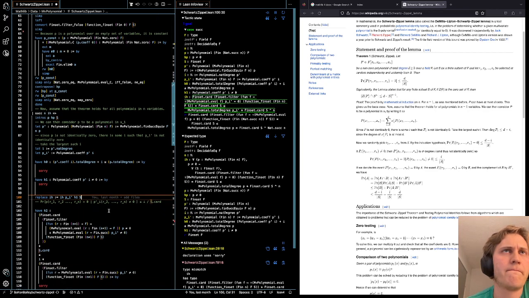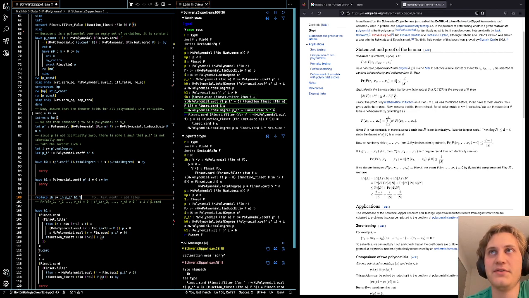So this gives me the new inductive hypothesis. The statement is written in a slightly different way than I have here because equivalently, it's d times the size of S to the power n minus 1.